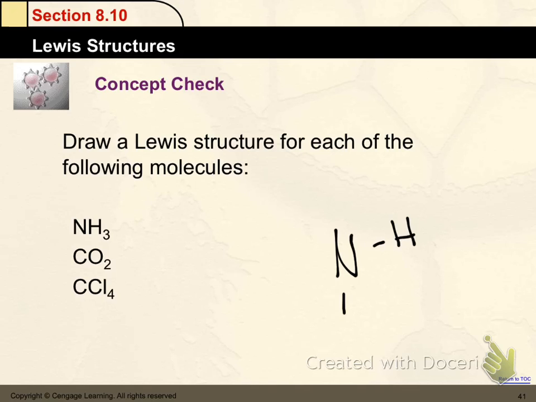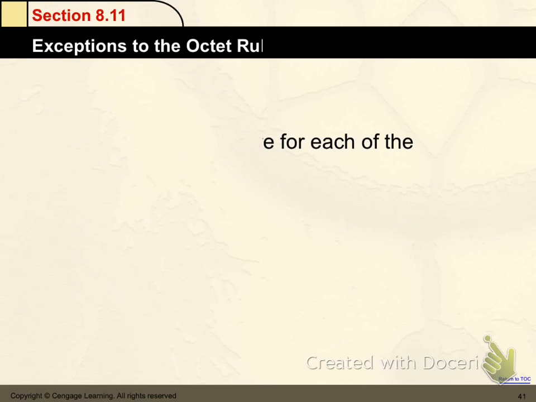Toss the hydrogens around the nitrogen. Okay, remember we need 8 total electrons. Here we have 2, 4, 6. Are the hydrogens happy? You bet they are. They all have 2 electrons, and so those final 2 valence electrons have to go there on the nitrogen. Boom. All right, try carbon dioxide and carbon tetrachloride, and I'm sure you can handle those on your own.